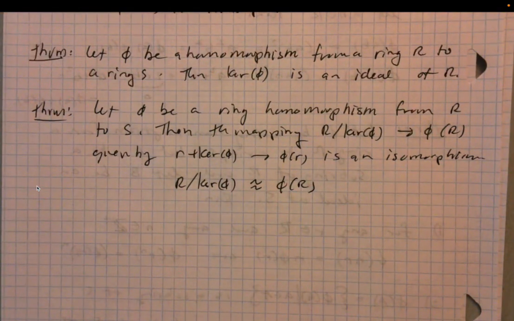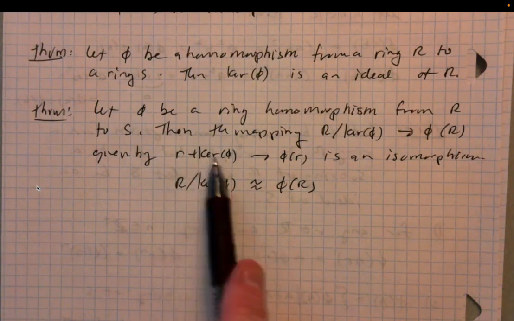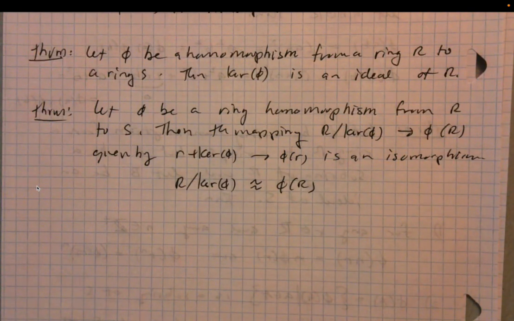So if phi is a ring homomorphism from R to S, then the mapping that takes an element from R mod the kernel of phi to phi of R, given by R plus kernel phi to phi of R, turns out to be an isomorphism. Okay, and we'll use this theorem in the coming section. This is what's referred to as the first isomorphism theorem for rings.